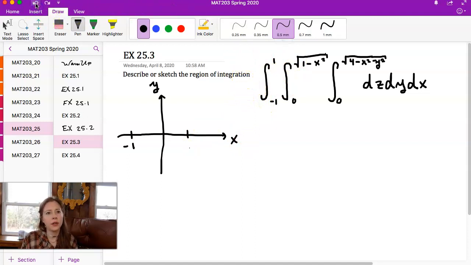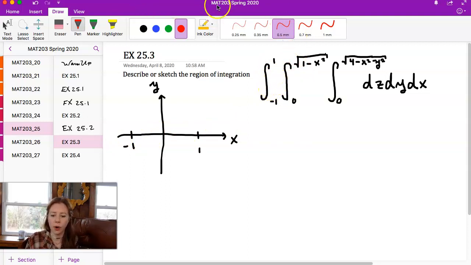And so, actually, let me just draw this a little better. Okay. So now, along y, we're going from 0 for y, so that's y equals 0 down here, to y equals the square root of 1 minus x squared.